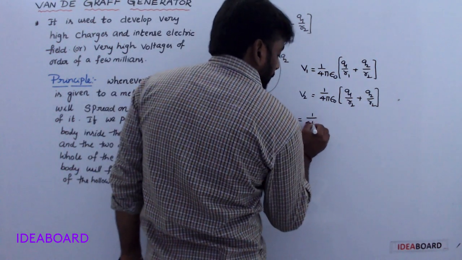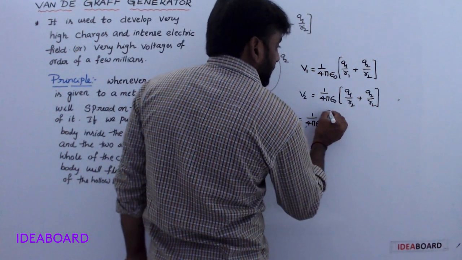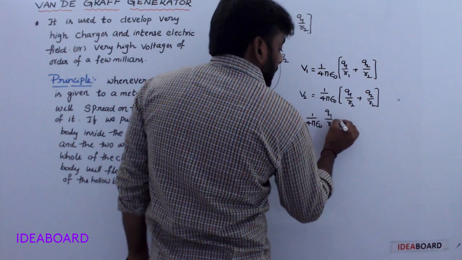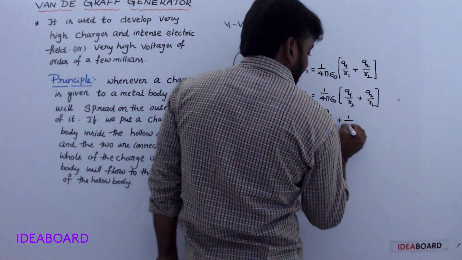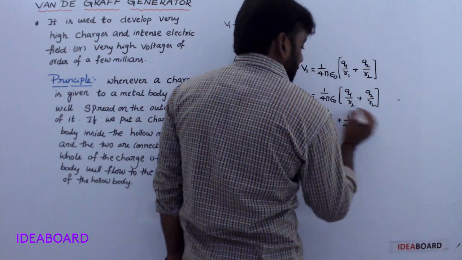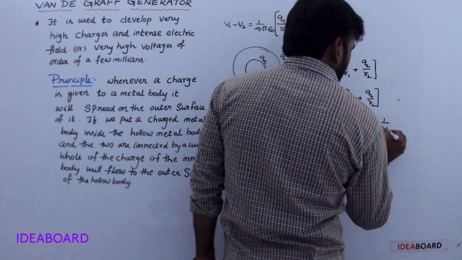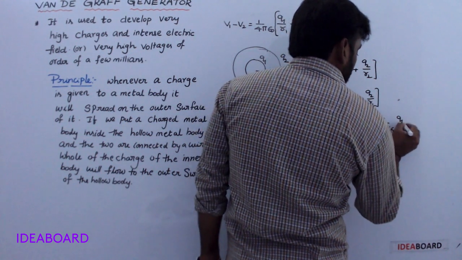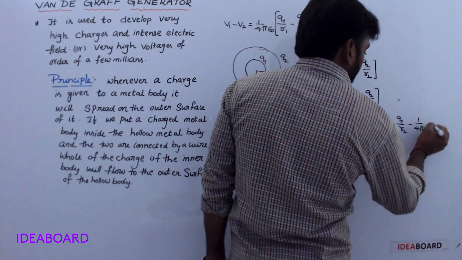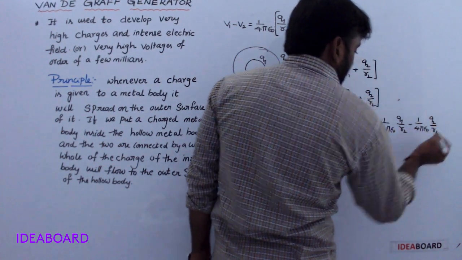1 by 4 pi epsilon naught q1 by r1 plus 1 by 4 pi epsilon naught q2 by r2, minus 1 by 4 pi epsilon naught q1 by r2, minus 1 by 4 pi epsilon naught q2 by r2. Are you understood?